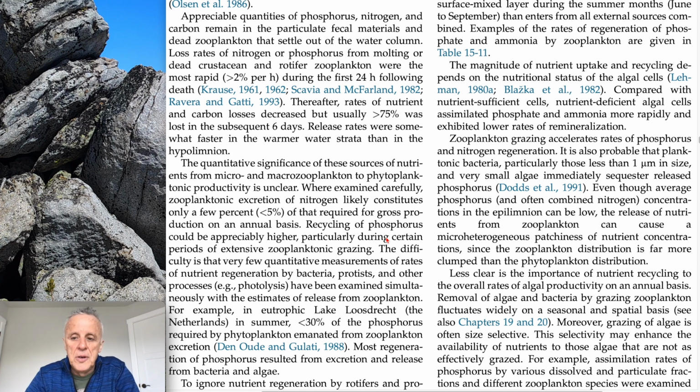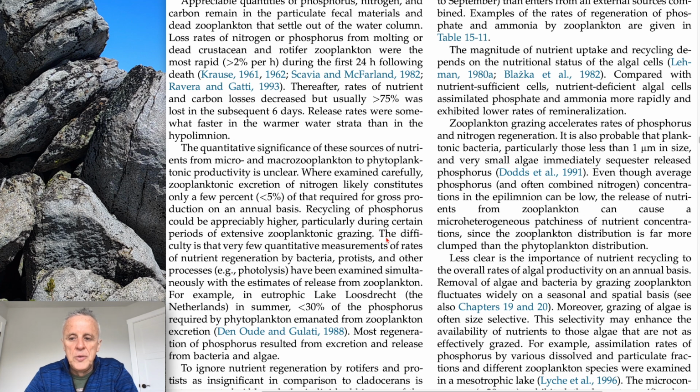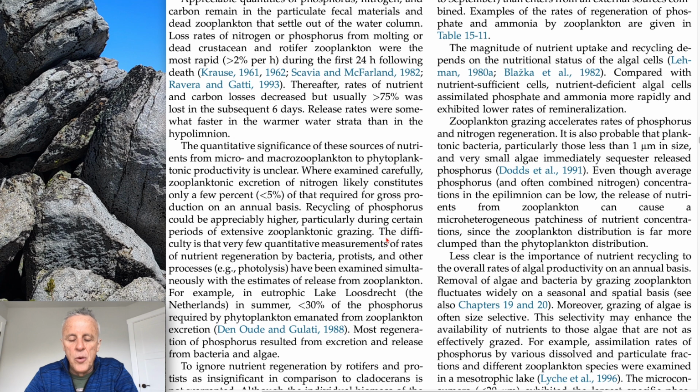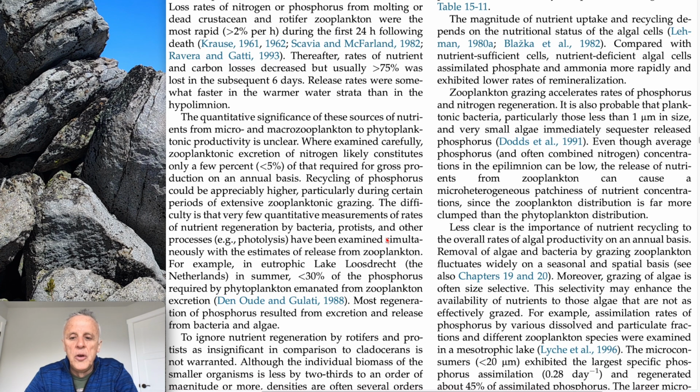The magnitude of nutrient uptake and recycling depends on the nutritional status of the algal cells. Compared with nutrient-sufficient cells, nutrient-deficient algal cells assimilated phosphate and ammonia more rapidly and exhibited lower rates of remineralization. Zooplankton grazing accelerates rates of phosphorus and nitrogen regeneration.